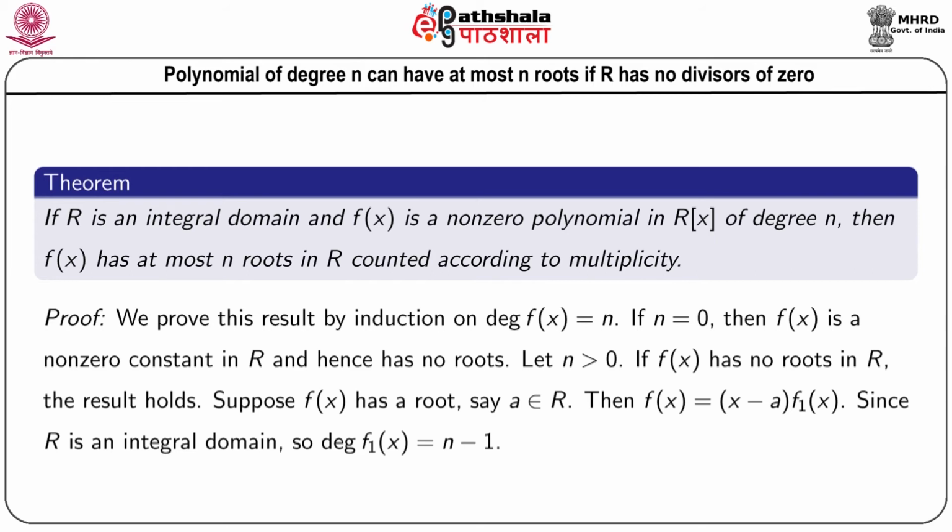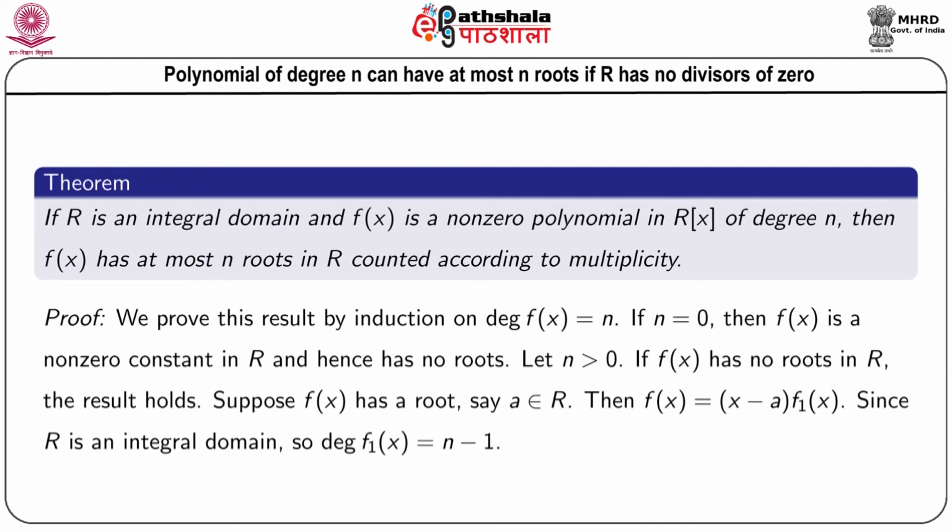And let us make our induction hypothesis that the result holds for all non-zero polynomials f(x) having degree less than n, and consider a non-zero polynomial f(x) of degree n which is greater than 1. If f(x) has no roots in R, then the result holds.